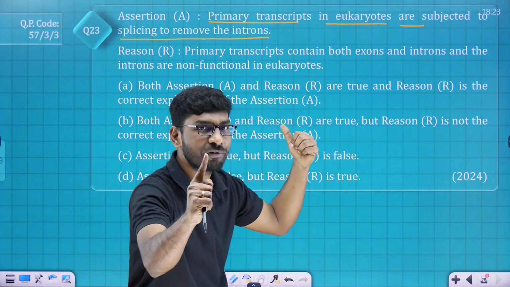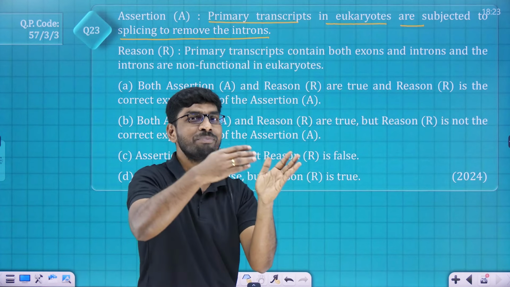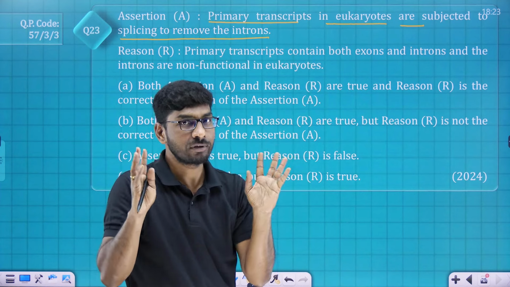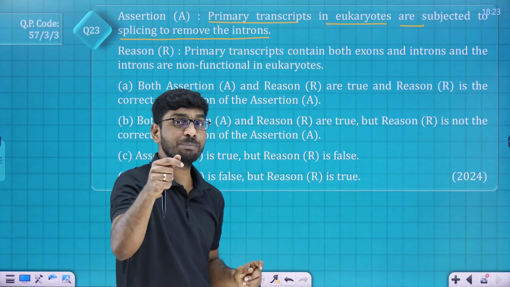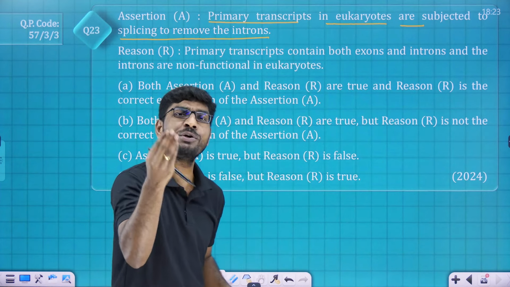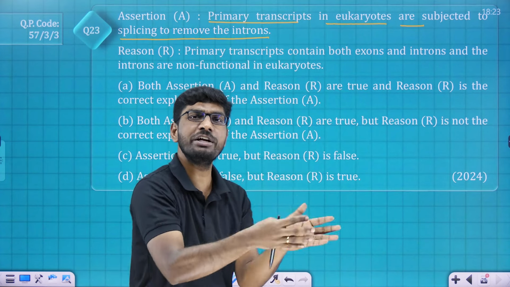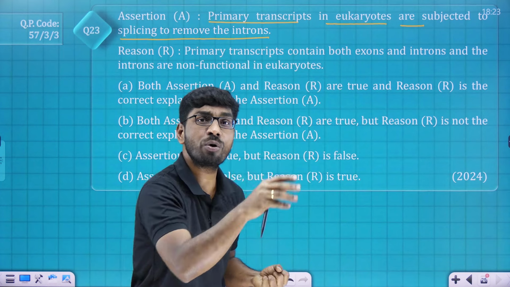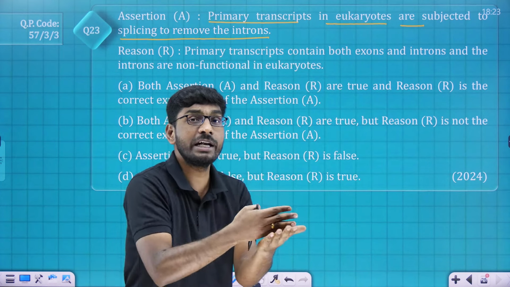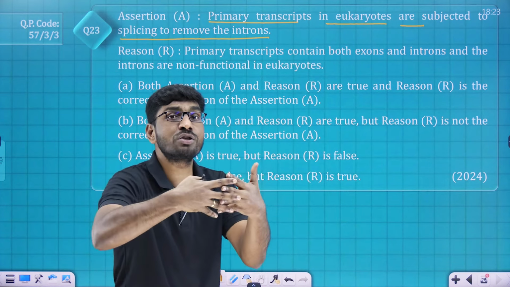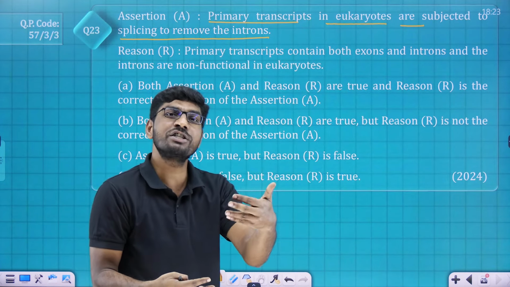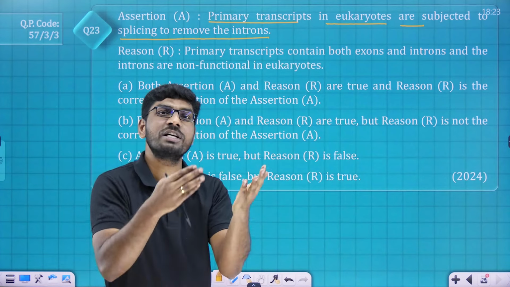In the molecular basis of inheritance, replication of DNA, transcription, translation, lac operon, we discussed, right? But what they mentioned here is transcription in eukaryotes. Yes, sir. In eukaryotes, intron, exon, hnRNA is there. Introns are non-coding, exons are the coding part. Introns will be removed and exons will join. This process is called splicing. Spliceosomes are involved in this process.